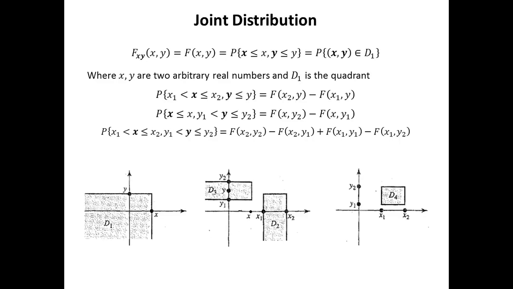So in order to achieve that, let us first try to understand what may be the joint distribution of two random variables. Here the two random variables considered are X and Y, and its joint CDF is represented as F_XY(x, y), where x and y are the highest possible values that those random variables can take.